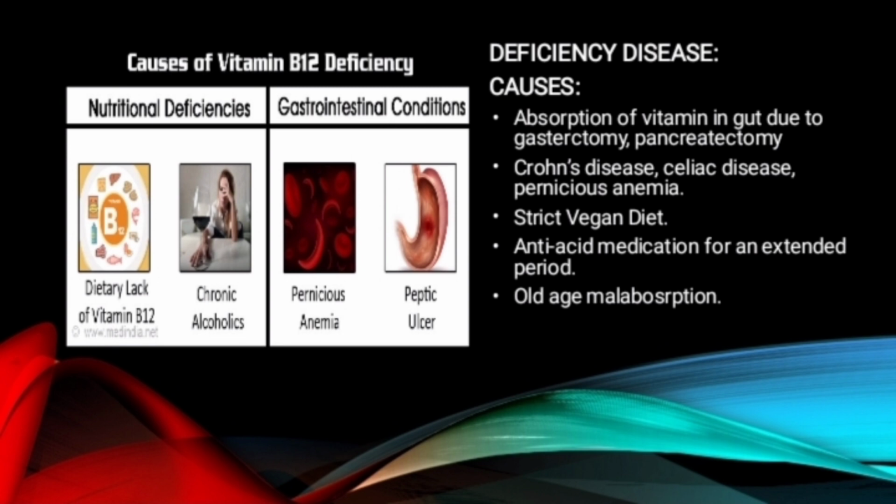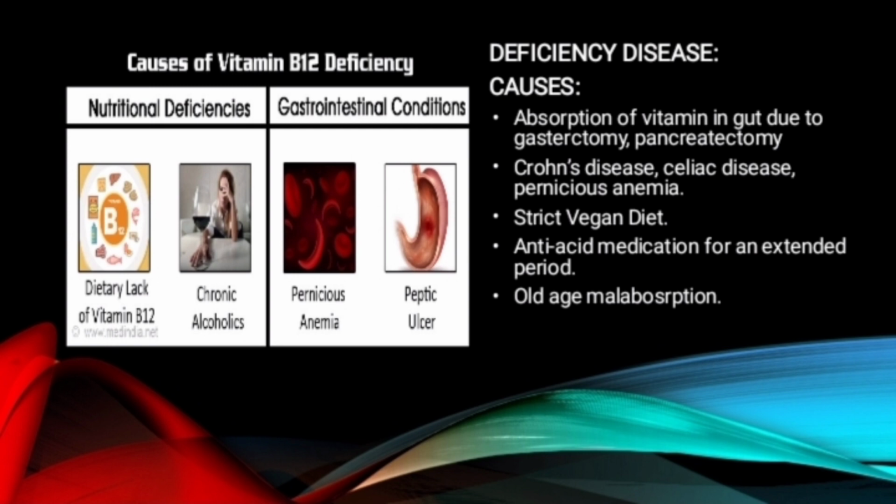Deficiency of vitamin B12 can also be seen when there is an operation that leads to a lack of intrinsic factor, that is partial gastrectomy, which results in this condition because this factor is secreted by the upper part of the stomach that is spared in this operation.